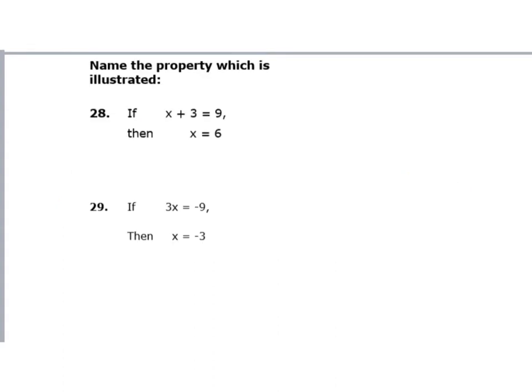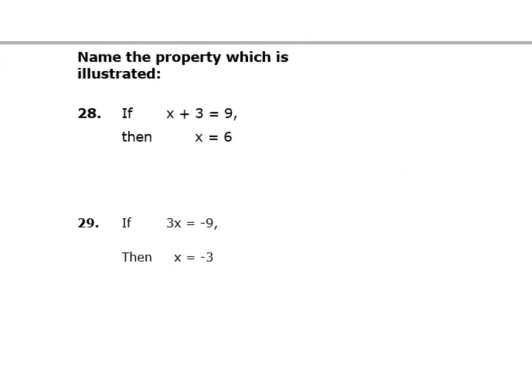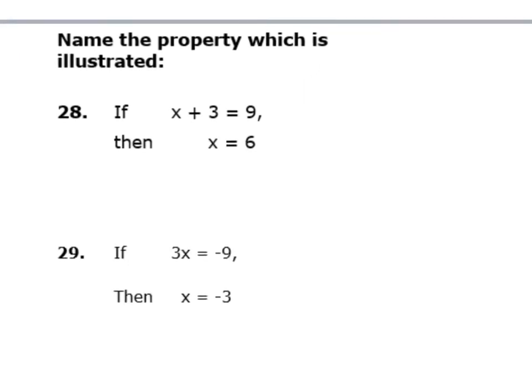All right, let's look at 28. For number 28, name the property which is illustrated. I'm going to zoom this in just a little bit. Okay? When I look at this one, I can see if I went from x plus 3 equals 9, if I were solving that, I would subtract 3 here and subtract 3 here, and that's how I get to x equals 6. So what did I do on both sides? Subtraction on both sides, so this is my subtraction property of equality.